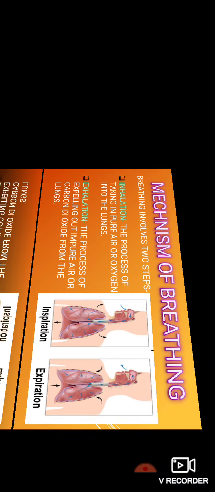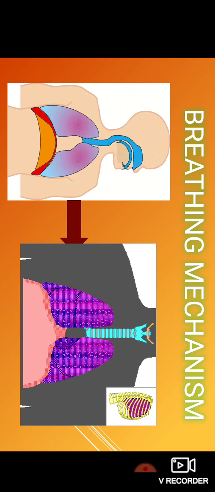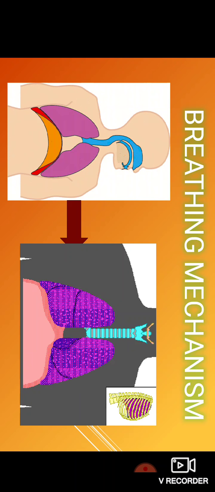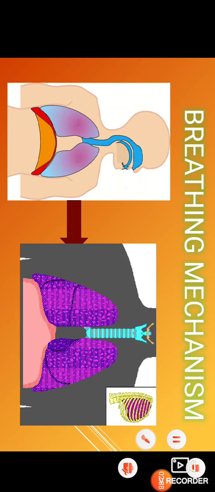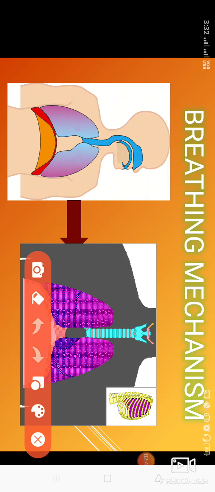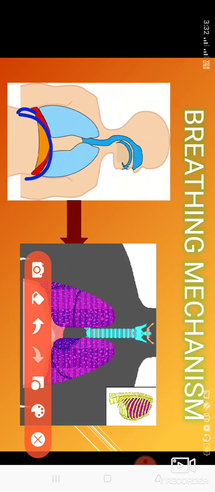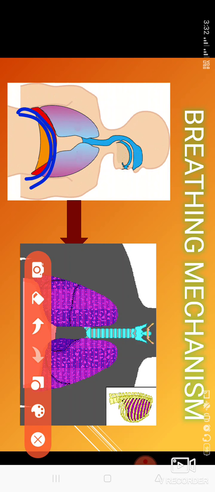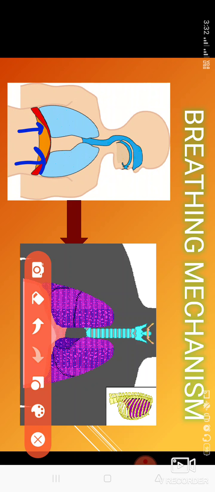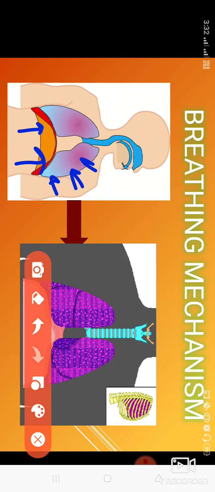Now let me show you what is happening in inhalation and exhalation. These two images will make it clear. In this first process, the diaphragm is moving upside and the muscles of the ribs are moving inwards.